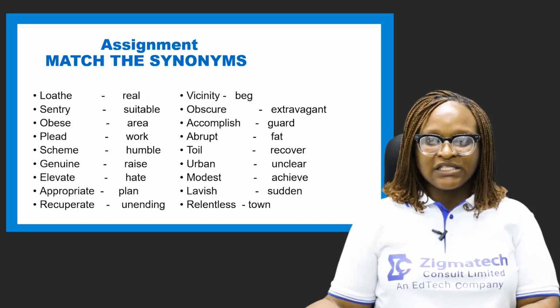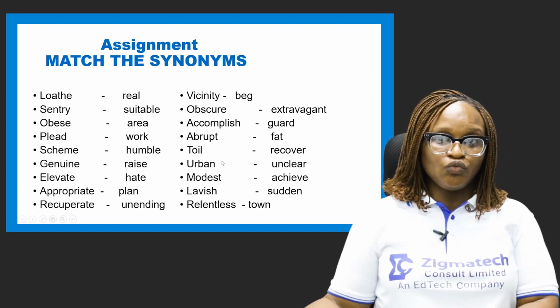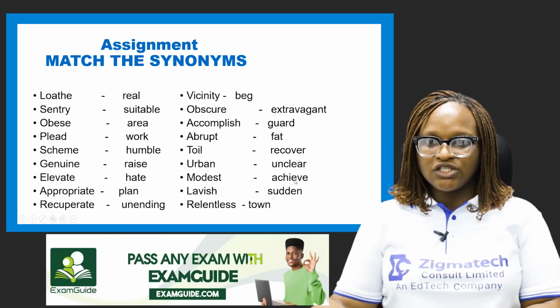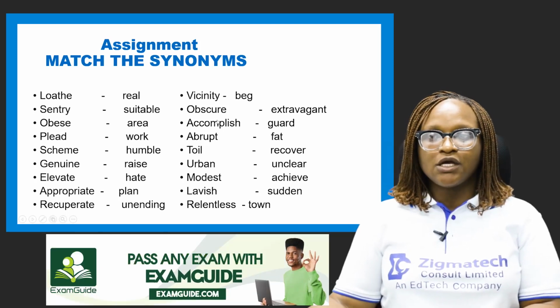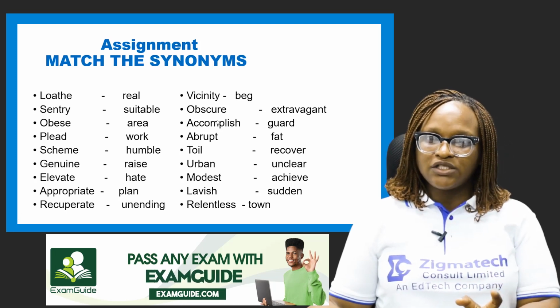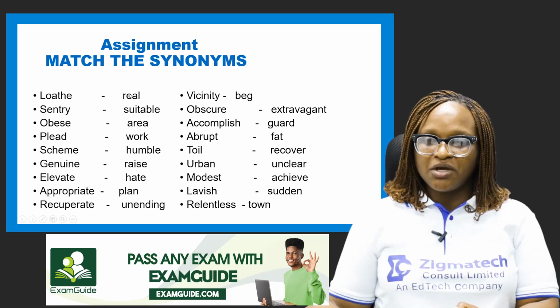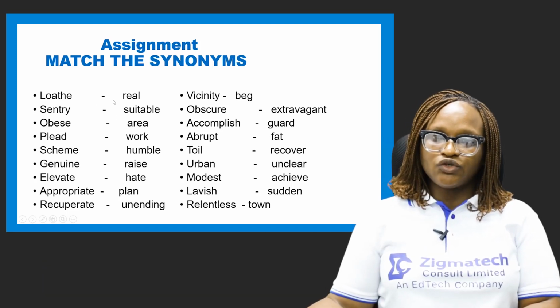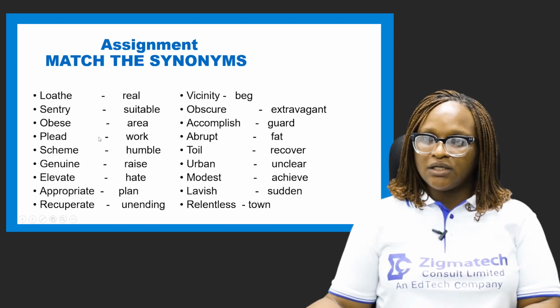Then finally, we have our assignment. This one has to do with matching the synonyms. Anyone can try it, a teacher or a student. We have about 20 of them, so you have to match them. When you're done matching, learn the words and try to use them in sentences.